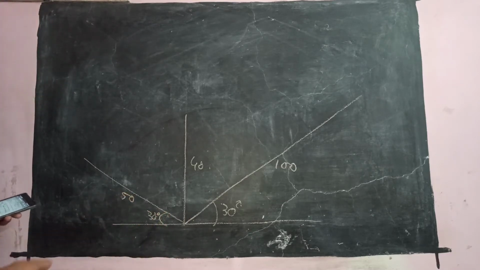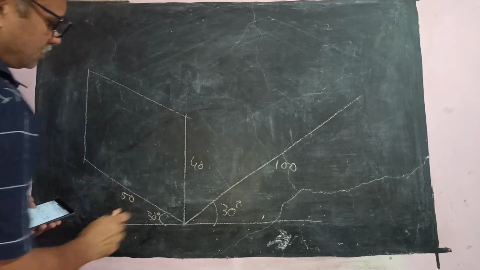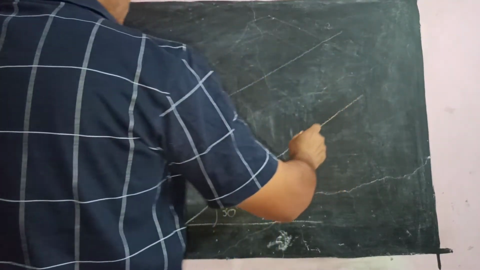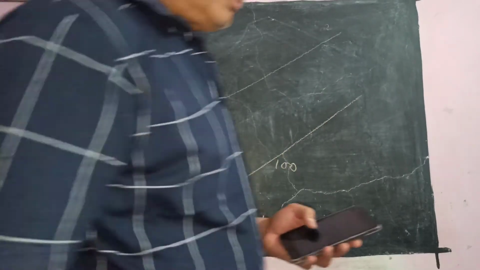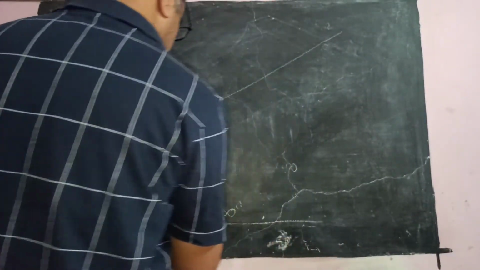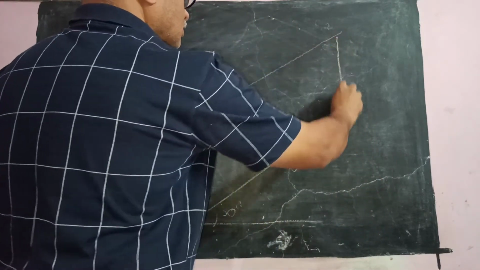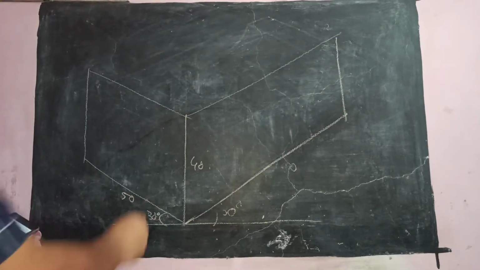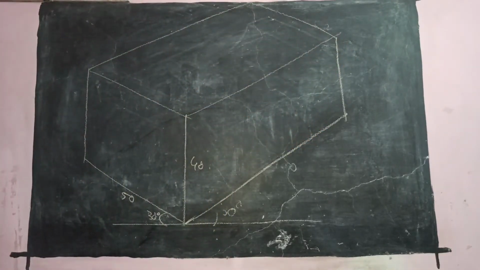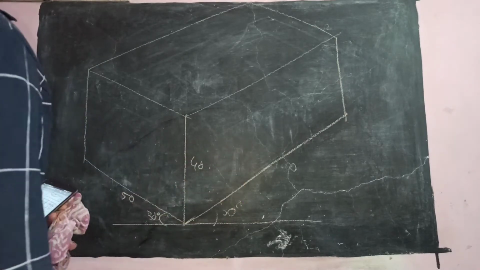Complete this box lightly. These lines should be parallel to each other. So this is the box of 100 by 50 by 40.